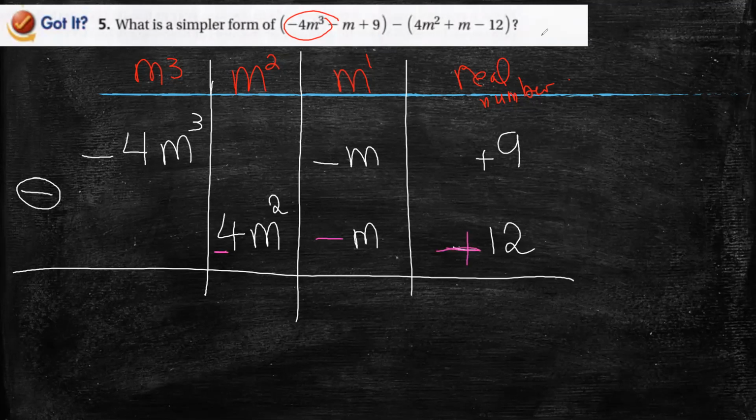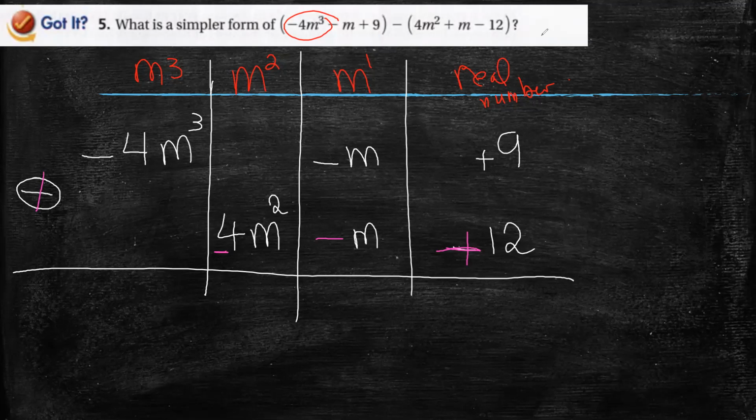So if you see a minus sign, it makes a change for each term. Then after it has changed all of them, it goes back to be positive. Then after that, I will add them.